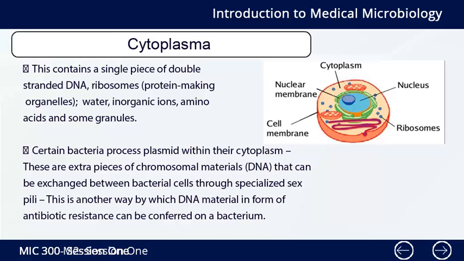These are extra pieces of chromosomal material, that is DNA, that can be exchanged between bacterial cells through specialized sex pili. This is another way by which DNA material in form of antibiotic resistance can be conferred on a bacterium.